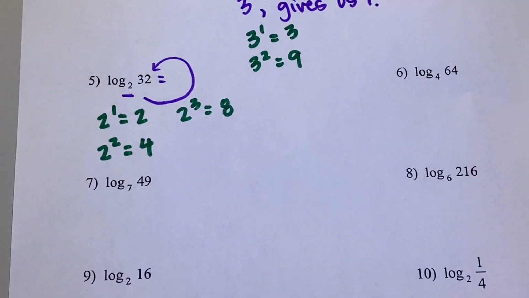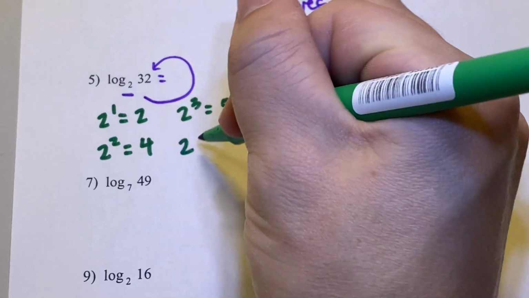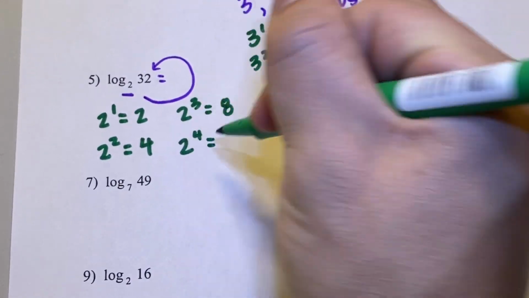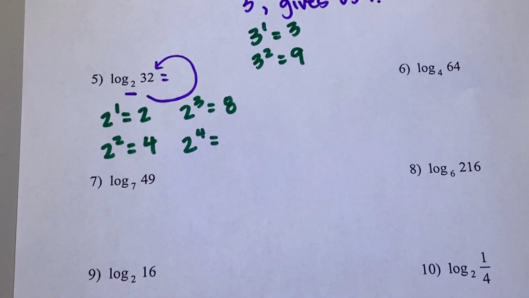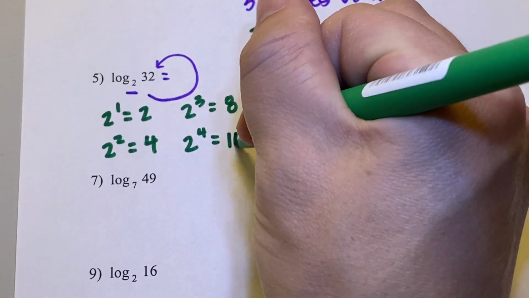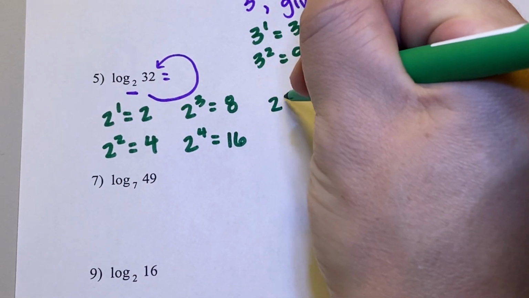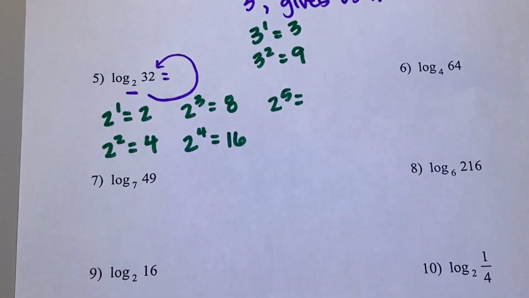Not quite to 32 yet. Maybe we're almost there. 2 to the 4th. We just figured out that 2 cubed was 8. What is 8 times another 2? 16. So 2 to the 4th is 16. What is 16 times 2?